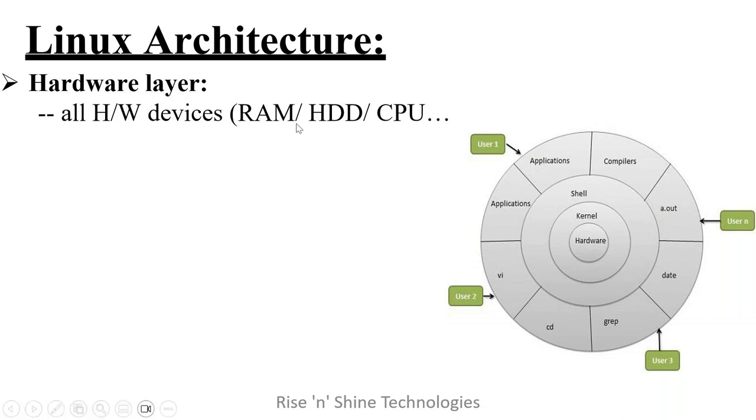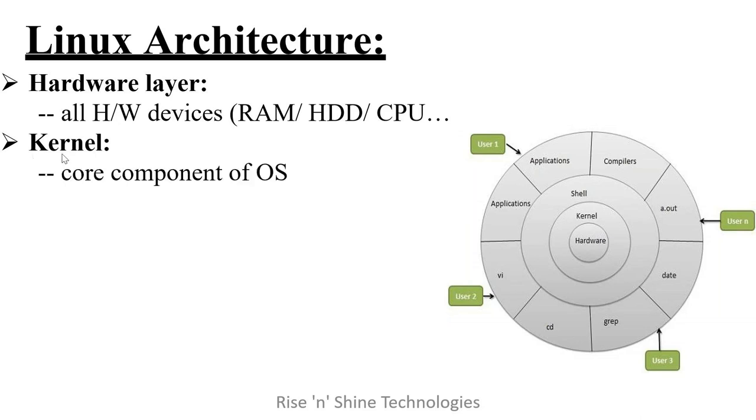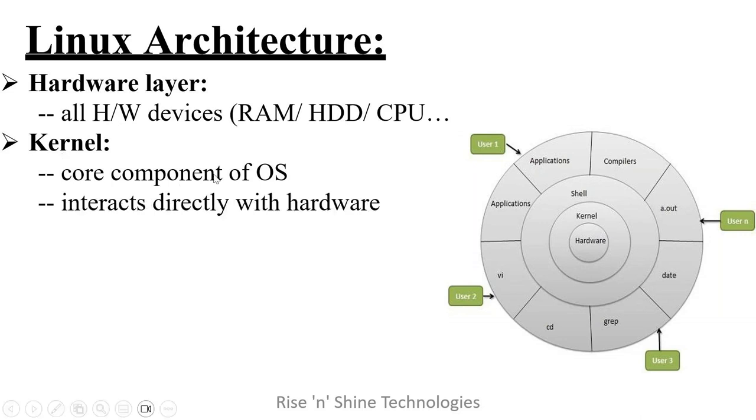That is RAM, hard disk, CPU, and another layer is the kernel. When you are using this Linux operating system, it has the kernel, which is going to interact with the hardware resources. This is the main core component of the OS.